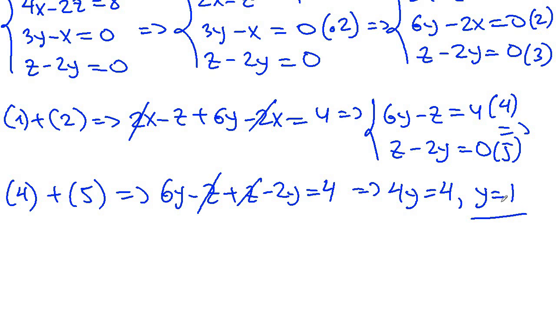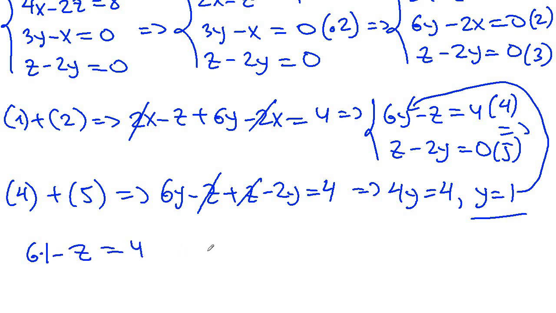So this is the first solution. Now let me plug y equal to 1 into the fourth equation, so I will get 6 times 1 minus z is equal to 4. Therefore z is equal to 6 minus 4, or 2. And it's easy to find x.